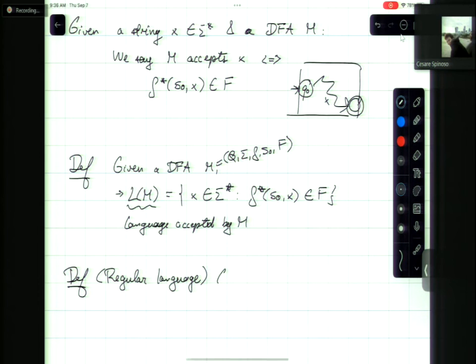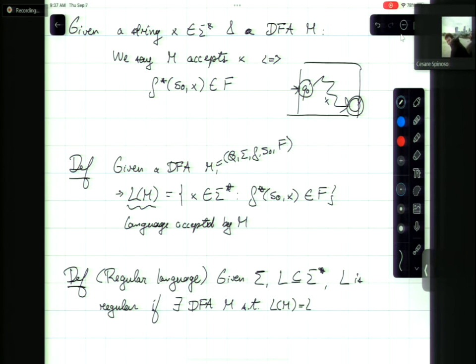Given some alphabet sigma and some language which is a subset of sigma star, L is regular if there exists a DFA M such that the language accepted by M is L. So all of the languages that are accepted by DFAs are regular, and all regular languages have DFAs that accept them.